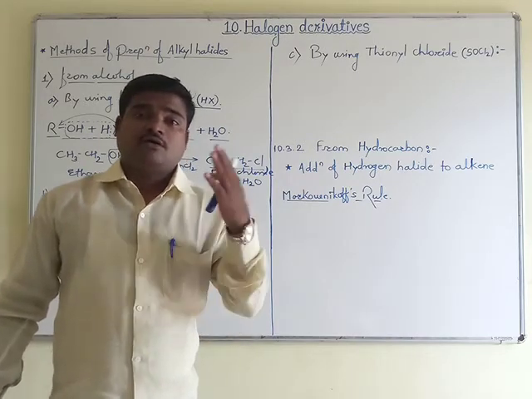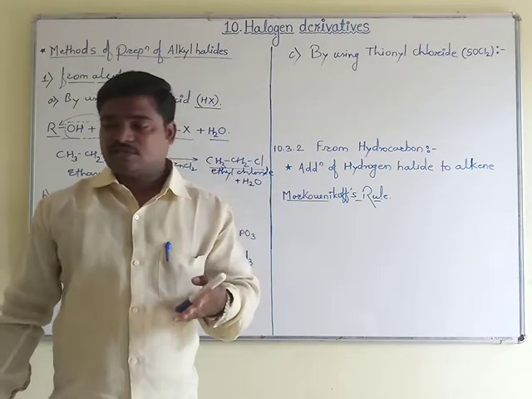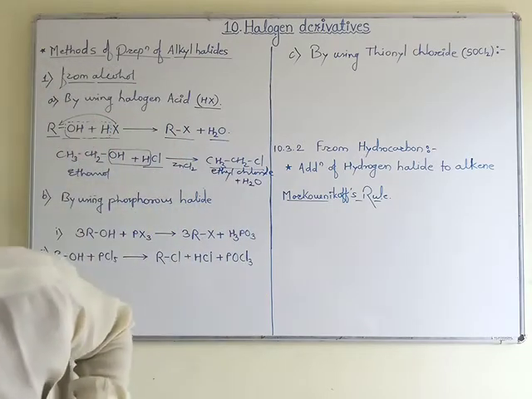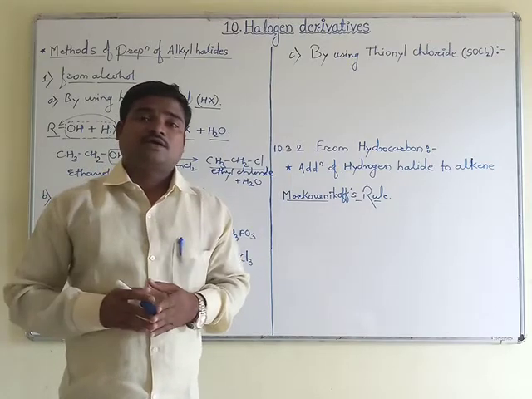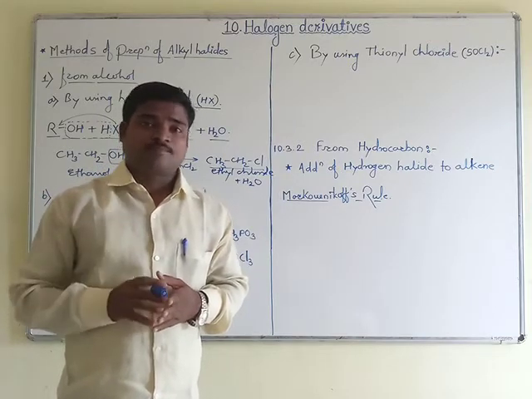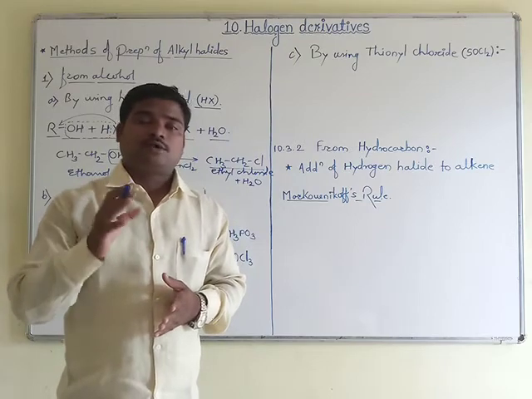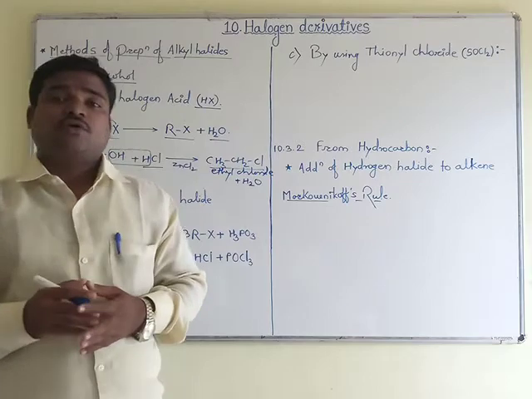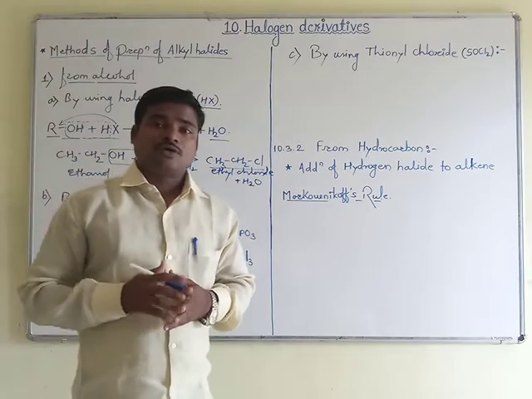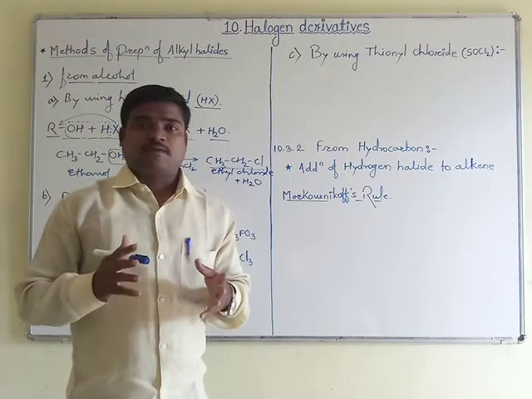And for HI, again we are using the in situ method. There we have to use NaI or KI, that is sodium iodide or potassium iodide, in the presence of H3PO4, so we can get HI.